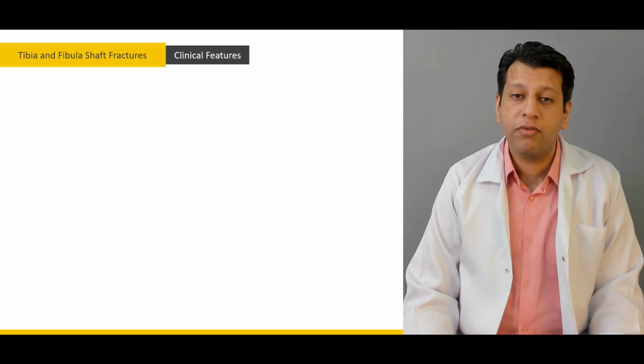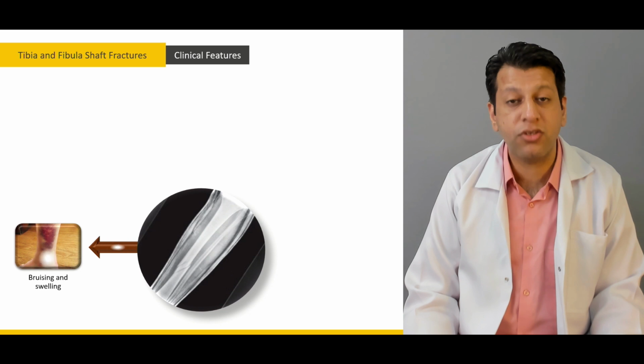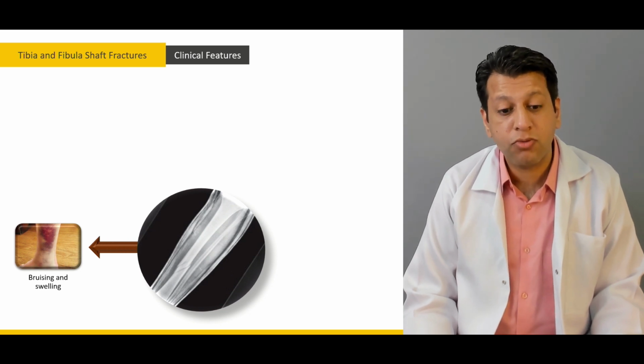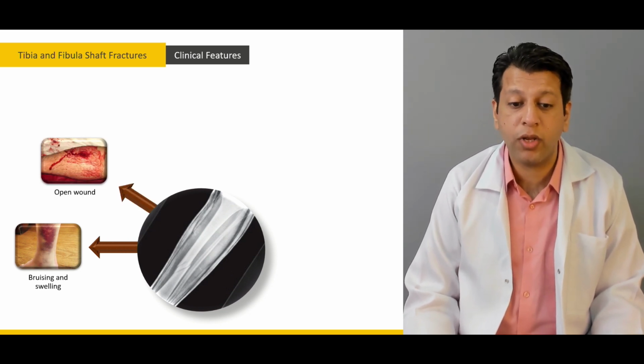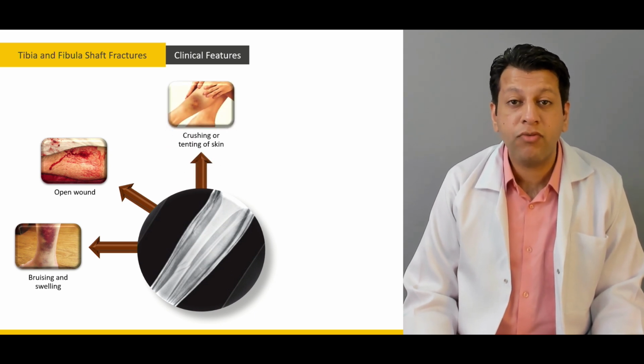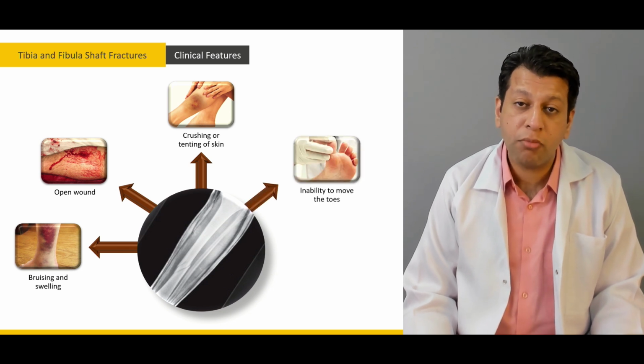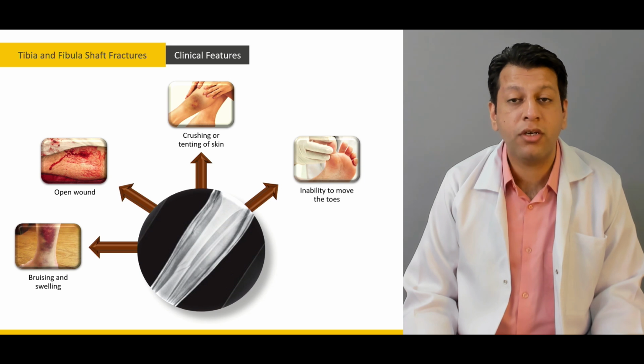Now coming to the clinical features, what does it include? Usually there will be an associated history of trauma. There will be a mechanism of trauma with associated bruising and swelling. There may be an open wound, or crushing or tenting of the skin, which may be visible if there is a closed injury. A patient may or may not be able to move his or her toes. Why?